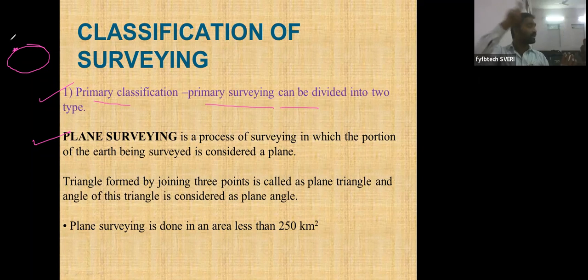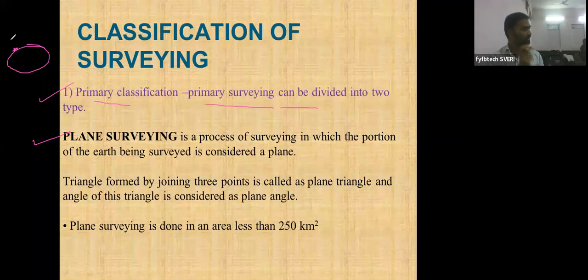Then in the geodetic surveying, the spheroidal shape of the Earth, or curvature of the Earth, is taken into consideration. Then you may ask, when is it called plane surveying and when is it called geodetic surveying? There should be some limit for plane surveying.